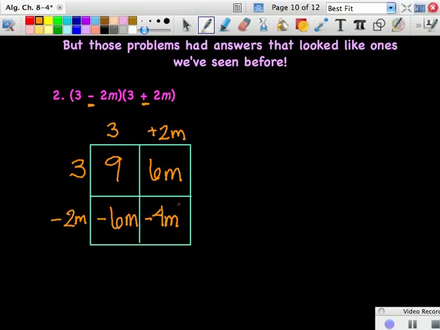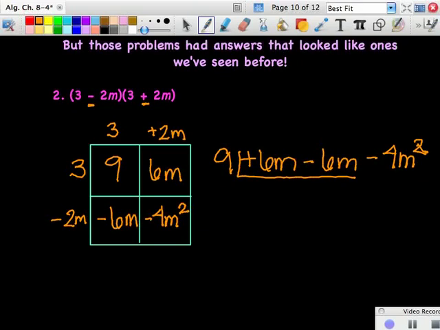Well, that didn't look like a 2 at all. And check out those middle terms, guys. What? Opposites. 9 minus 4m squared. Whoa. This is amazing. There you are. I mean, I know you think it's amazing, right? Yeah, because it really is.